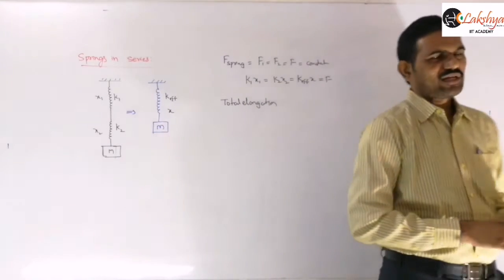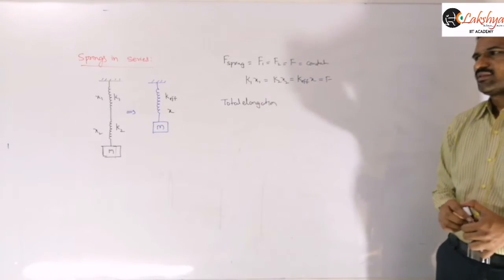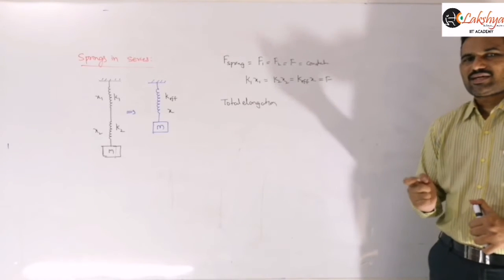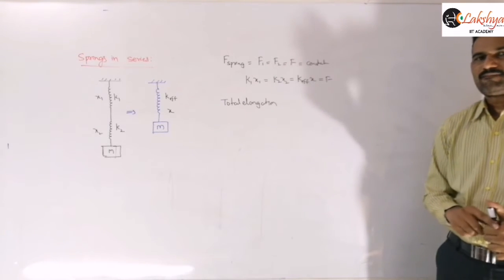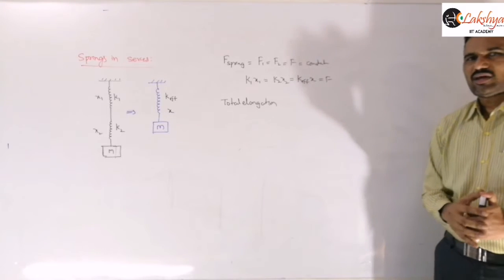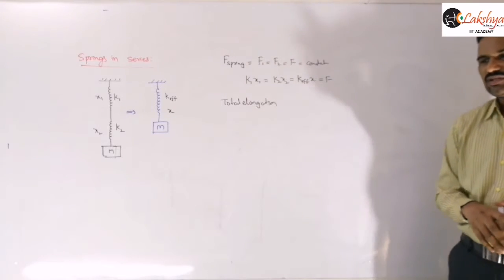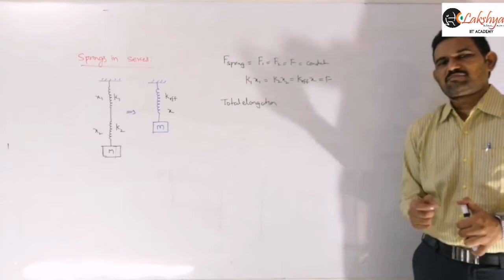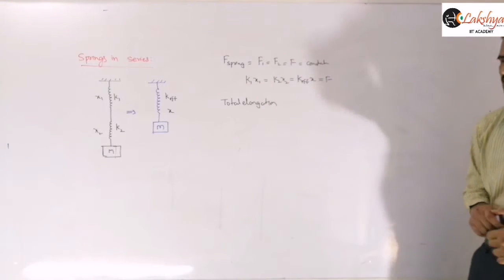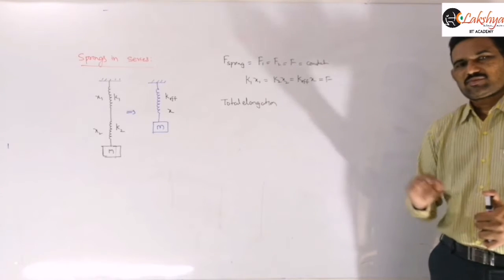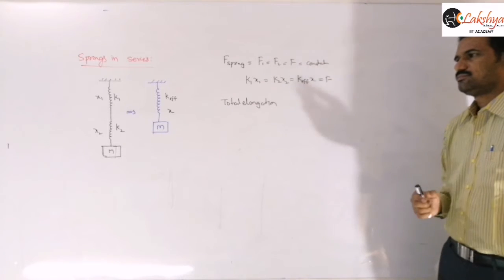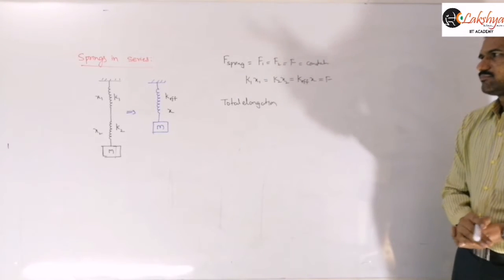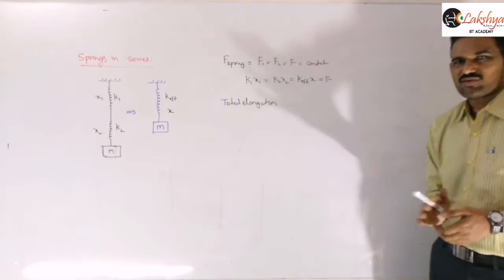The springs are said to be connected in series when they are connected end to end as shown in the figure, such that the same force acts in them. That means the spring force will be the same for both of them. Therefore mention that spring force is equal to constant. So we are assuming it as some constant here.